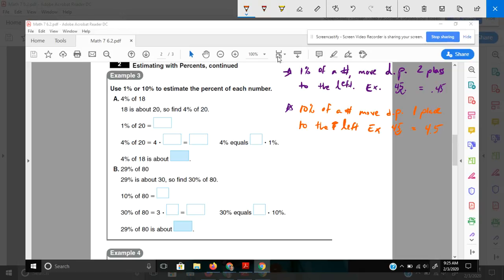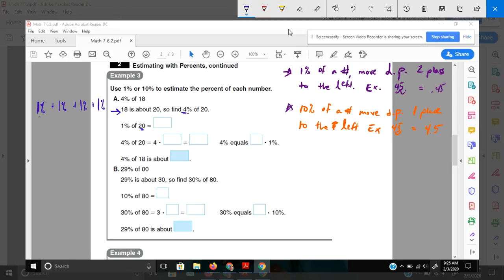Right? So in example 1, it says use 1% or 10% to estimate the percent of the number. It says 4% of 18. I'm going to use compatible numbers. 18 is about 20, so we rounded 18 to 20. So we're going to find 4% of 20. Well, you can think of 4% as 1% plus 1% plus 1% plus 1%.